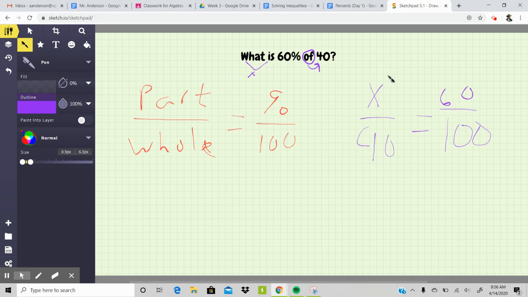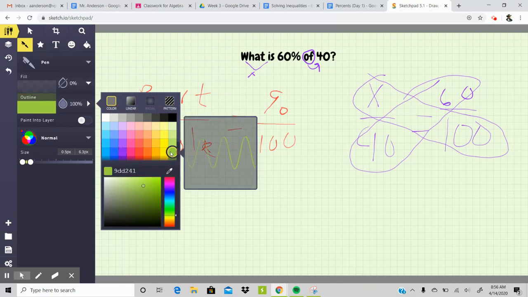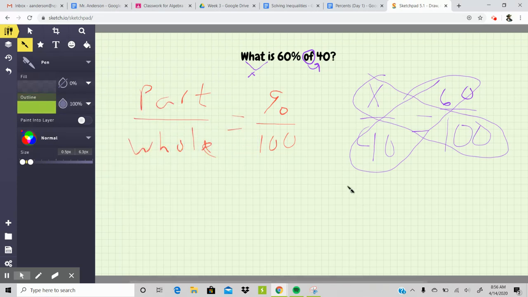Now we just solve it like a regular proportion, like we've done in weeks previous. I'm going to set my cross products equal. X times 100 is equal to 40 times 60. So X times 100 is the same thing as 100X, equals 40 times 60, which is 2,400.